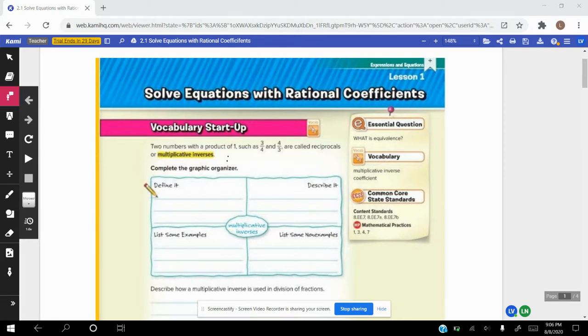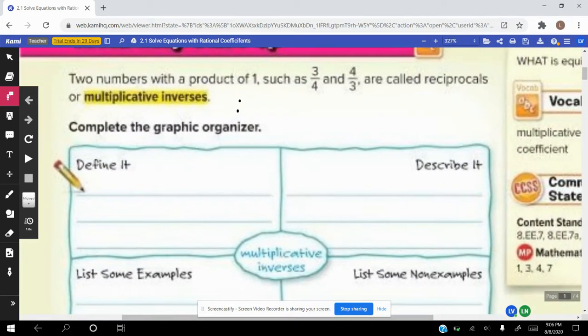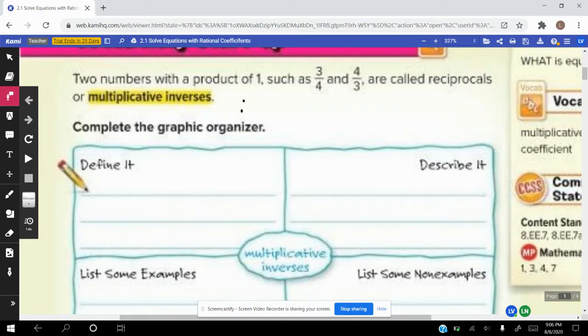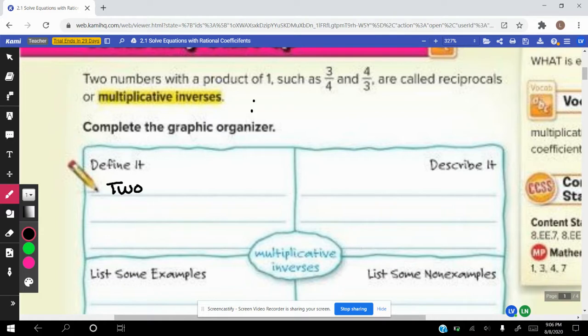So defining, that is where you have the two fractions that multiply to give 1.